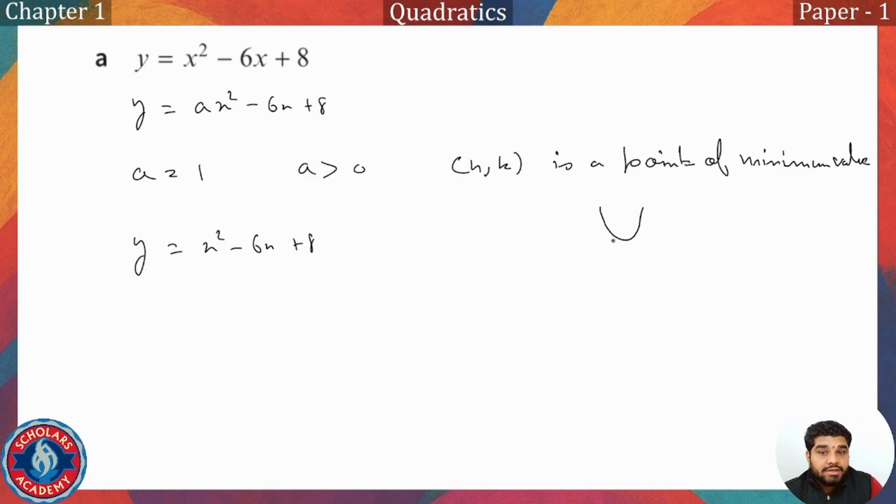It means this particular number is 2 times b. So b is 3.